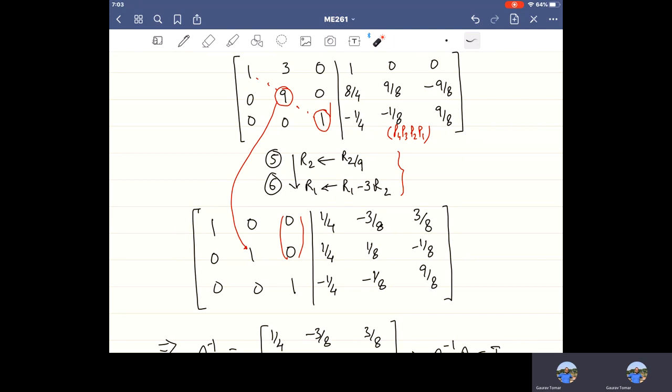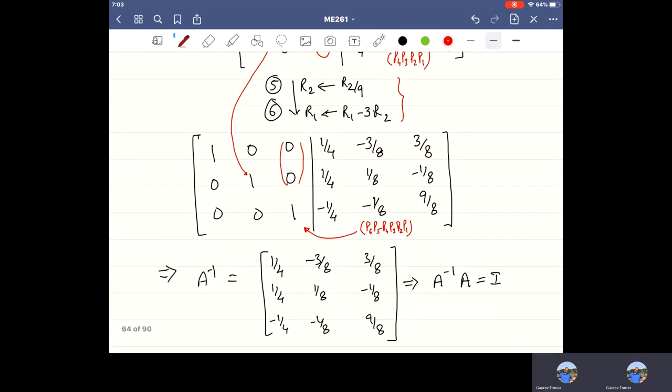We perform the same 2 operations on this also. So P2, P3, P4 were already done, and you've done P5 and P6 also. So you've obtained this, and by doing these row operations, you have reduced the matrix A to an identity matrix.